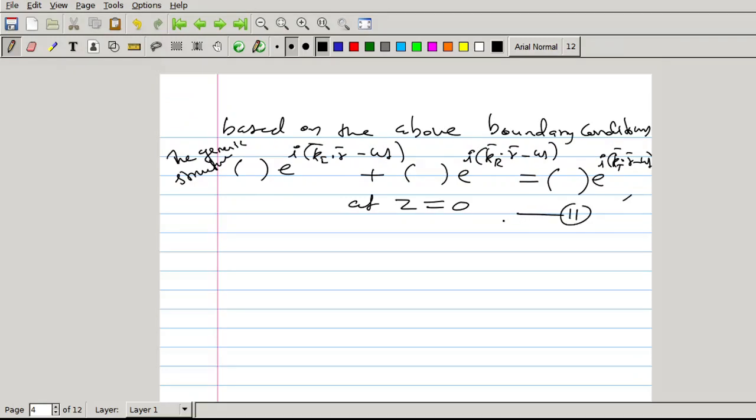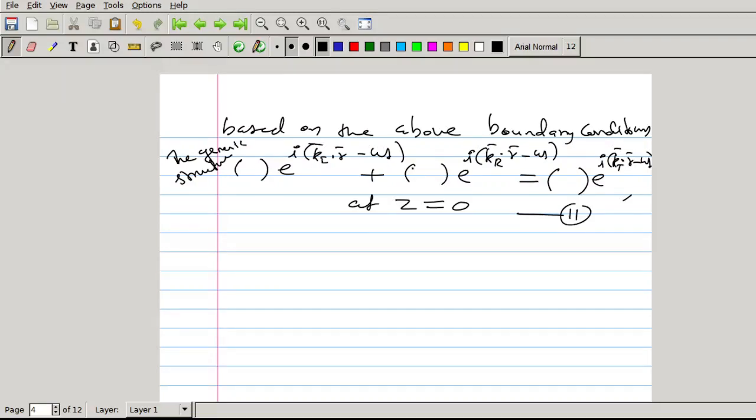See that in equation 11 we can fill in the electric and magnetic field vectors based on the boundary condition. Either we will have epsilon E0 I perpendicular, epsilon E0 R perpendicular, epsilon E0 T perpendicular, or we can have the magnetic field here.